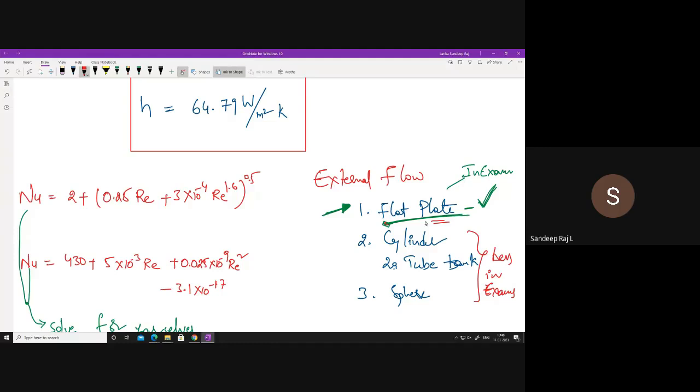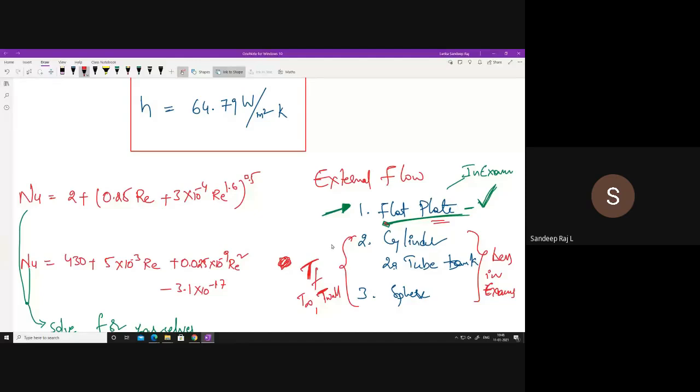The only thing regarding the cylinder and sphere is the difference that here you may not be taking T_f alone. The case is different here. It can be for T infinity, it can be for T wall also. The properties will be taken accordingly. This is the only difference. Otherwise, the whole thing remains the same. Here you have to take the D value instead of hL by k.